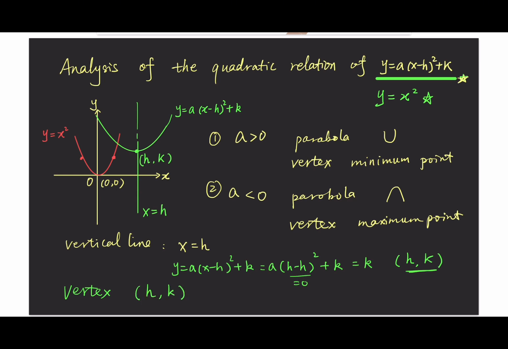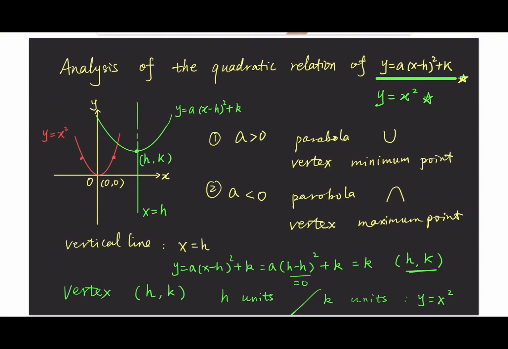This vertex (h, k) represents a horizontal translation of h units and a vertical translation of k units, comparing with y equals x squared, that is to say, compared with the basic parabola of this quadratic relation.